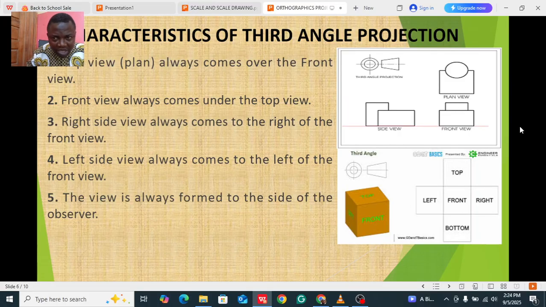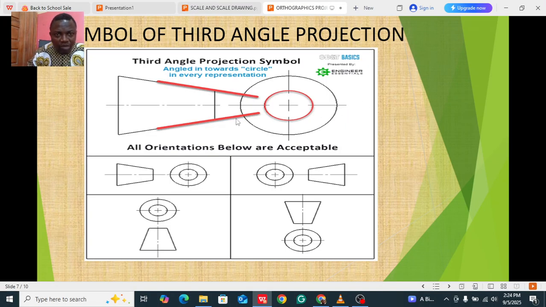Now let's check out the symbol of third angle projection. In both symbols, the shapes remain the same. We have a trapezium-like object and concentric circles. Now, look at the arrangement for third angle projection. We still have the concentric circles and we still have our trapezium.